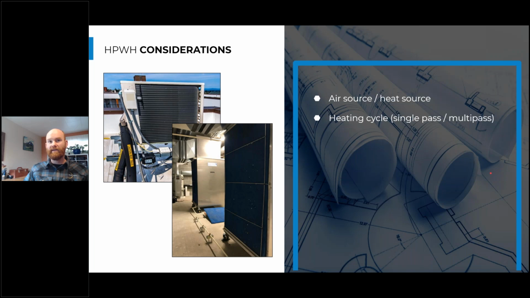We also want to consider what equipment we're using and how its heating cycle is set up. Is it a single pass or a multi-pass heating cycle? It's going to allow us to appropriately design our storage tank connections and also operate that equipment in the range that it was designed to operate in.